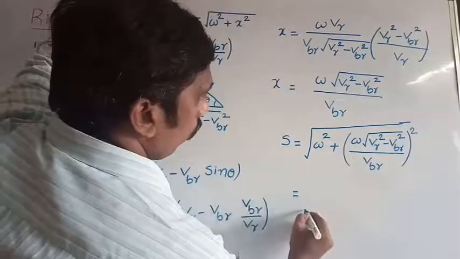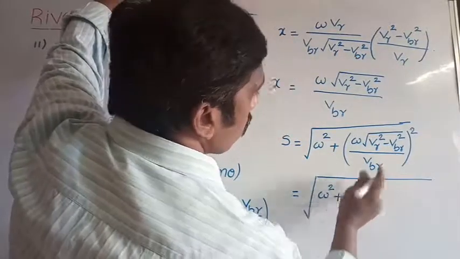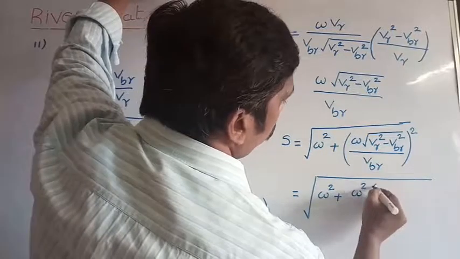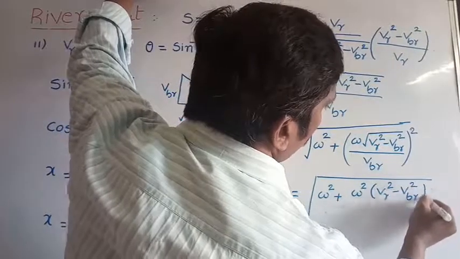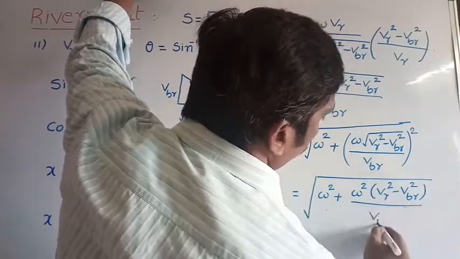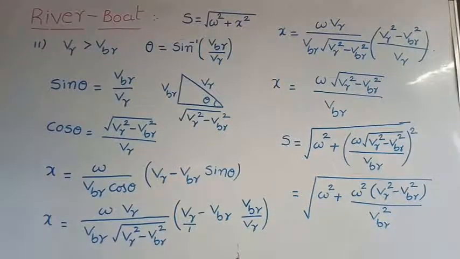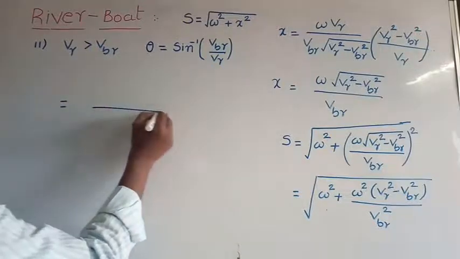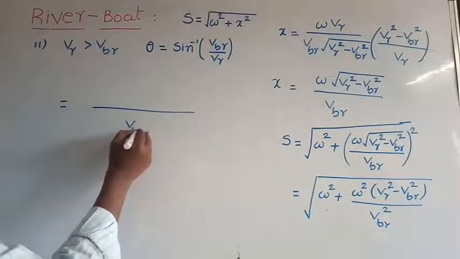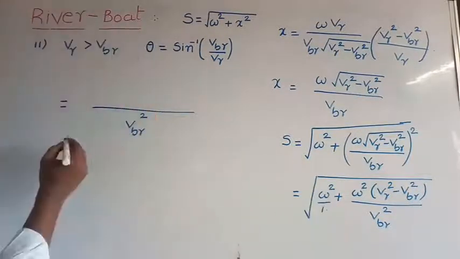So that is equal to under root of W square plus here W square into VR square minus VBR square divided by VBR square will come. Clear? Now take LCM there. Here LCM is VBR square. How many times cancel here? Nothing is there means 1. So 1 into VBR square only.